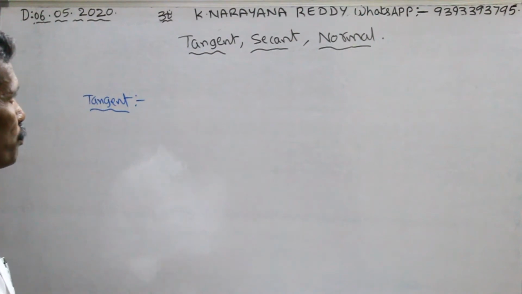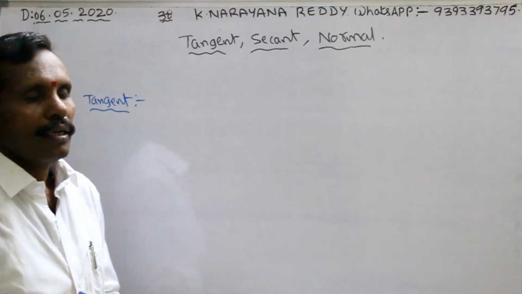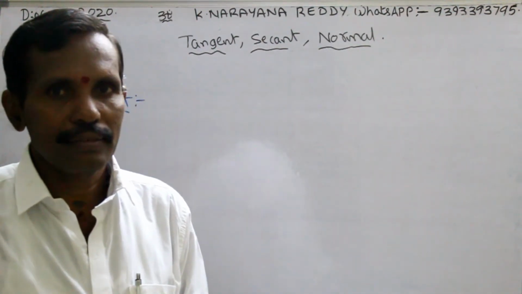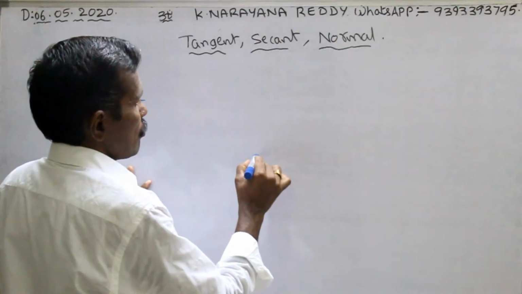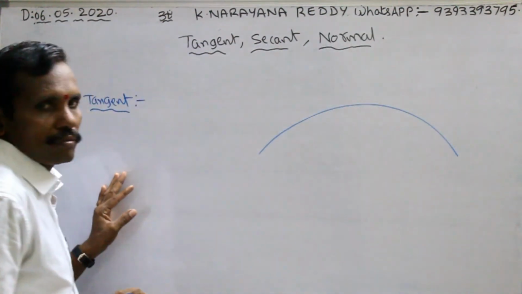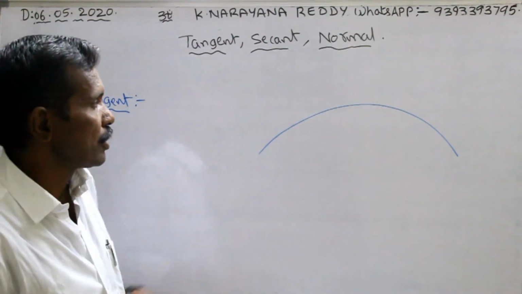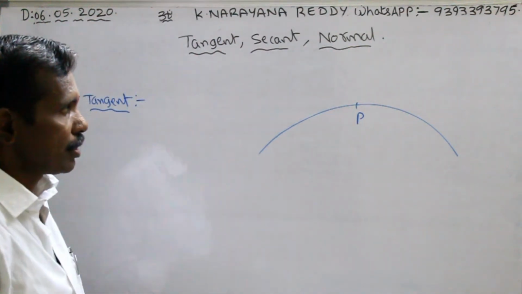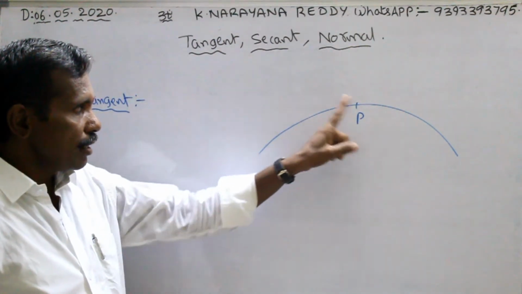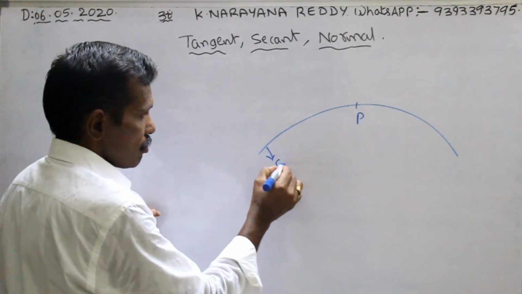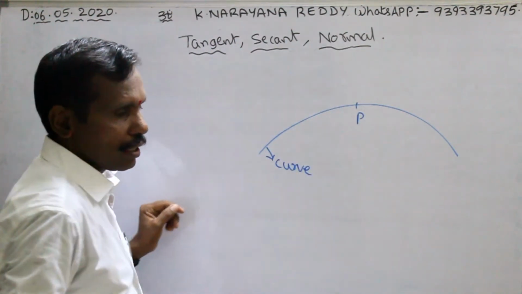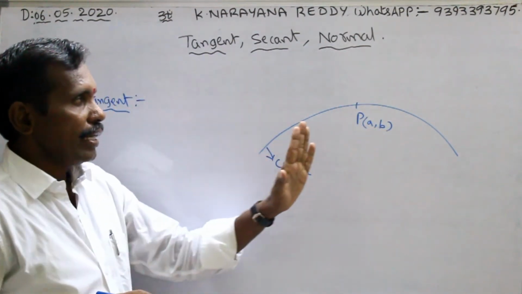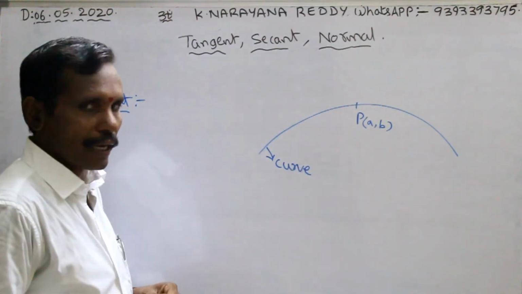Normally a curve contains tangents. Take a curve. This is a curve. Now, this is a point P. Suppose that point has coordinates A, B. A is the first coordinate, B is the second coordinate.